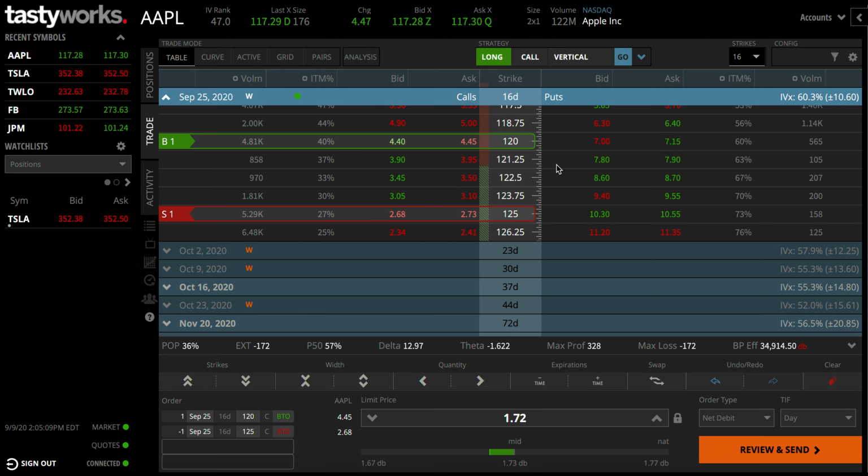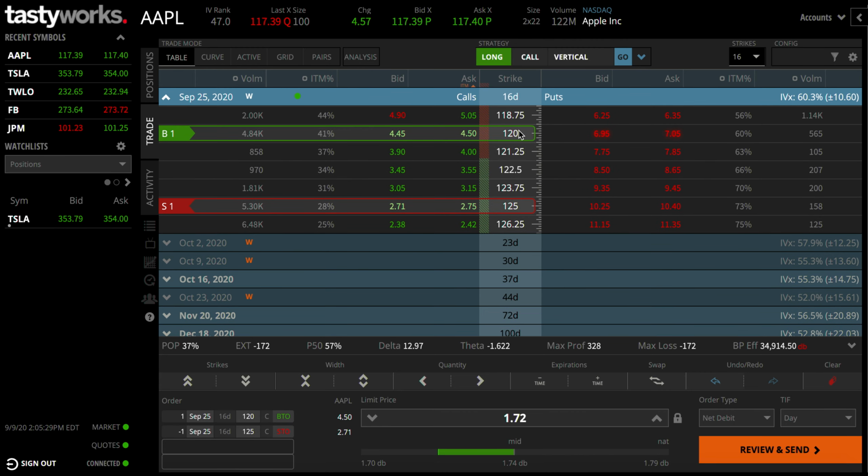One thing though, if you let it expire, it happened to me. I had a Tesla put, which is just the opposite, so with puts you want it in the money.